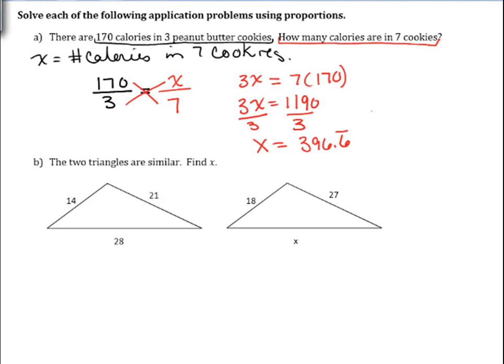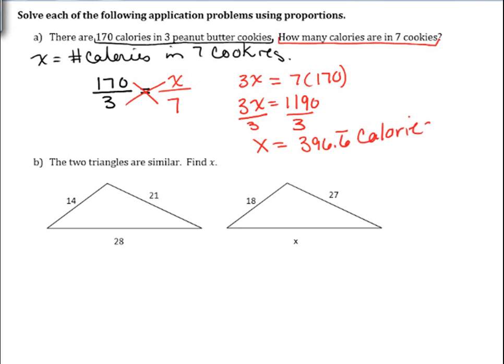If I don't state how many decimal places to give your answer in, always round to 3 decimal places, or in this case, because we had a repeated 6, you can just put a bar over the 6 indicating that it repeats. So here's my bar over my 6, and this tells me that this is a repeating number. It just keeps on going forever. And this was calories.